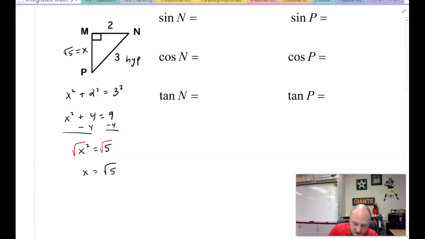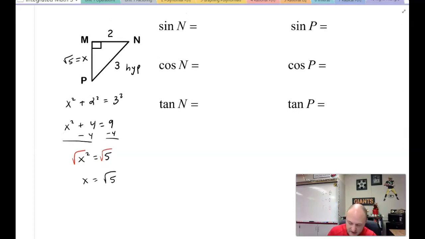All right, so they want us to find sine of n. So here is n. So this side is opposite. Again, this is hypotenuse. Hypotenuse doesn't change. And then the 2 will be adjacent. So sine is opposite over hypotenuse. Okay, so square root of 5 over hypotenuse, which is 3.